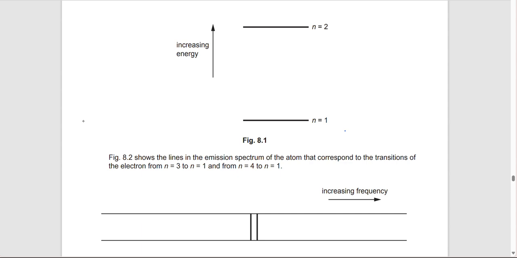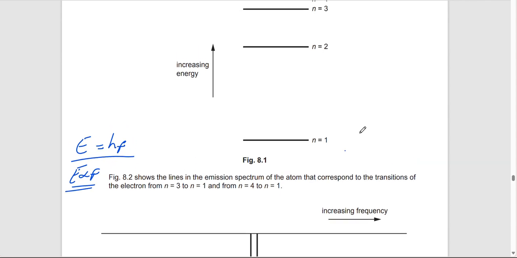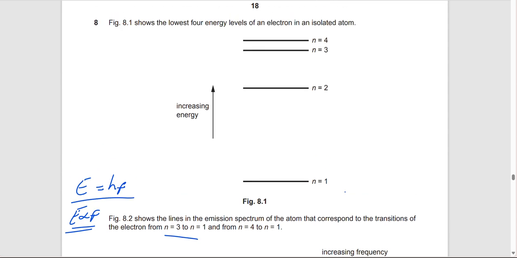Alright, remember energy of a photon equals hf, so E is directly proportional to f. Remember that. So they're showing from n equal to 3 to n equal to 1. That's a large energy change. And then from n equal to 4 to n equal to 1.